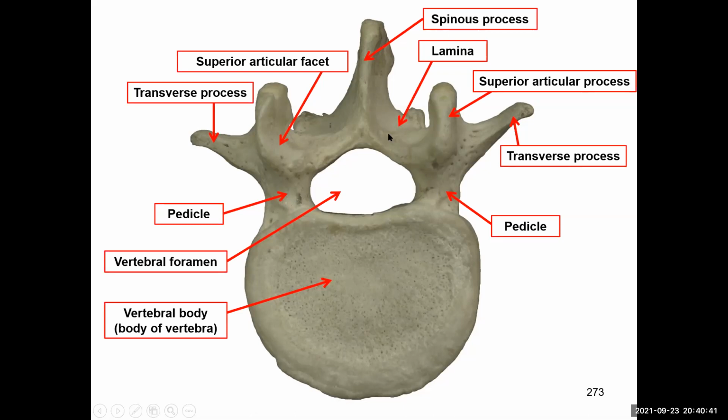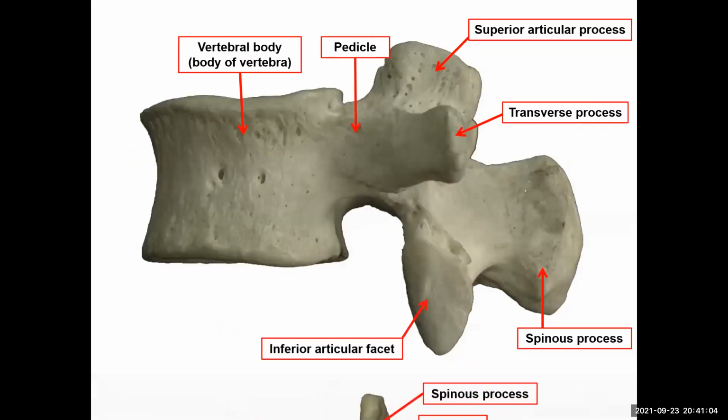And then you have your lamina, the posterior medial portion of the vertebral arch, found in between the transverse process and the spinous process. Here's a superior articular process, and then we have our nice smooth surface here. That's our superior articular facet. I feel like you folks should know this by now. This should seem repetitive.